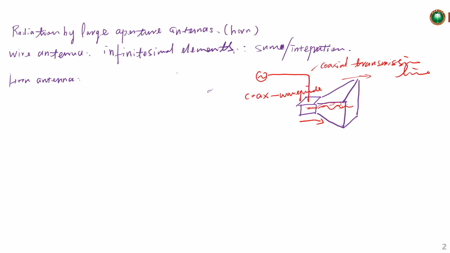So in this lecture, we just try to analyze the electromagnetic waves which propagate from the surface, the aperture, into free space.